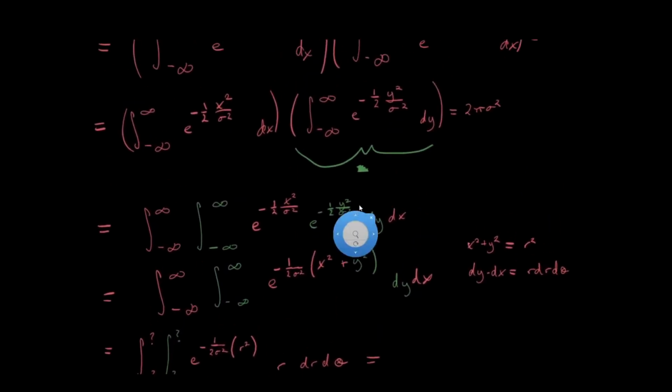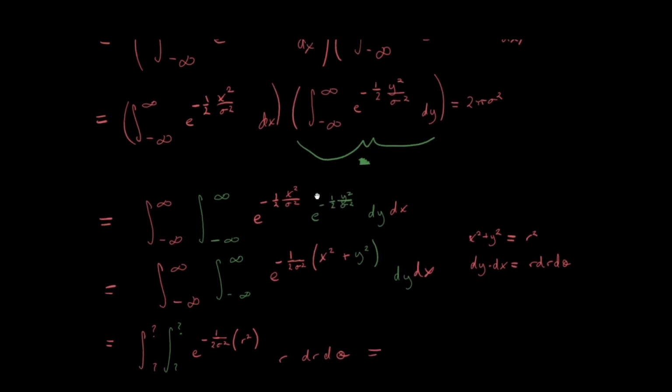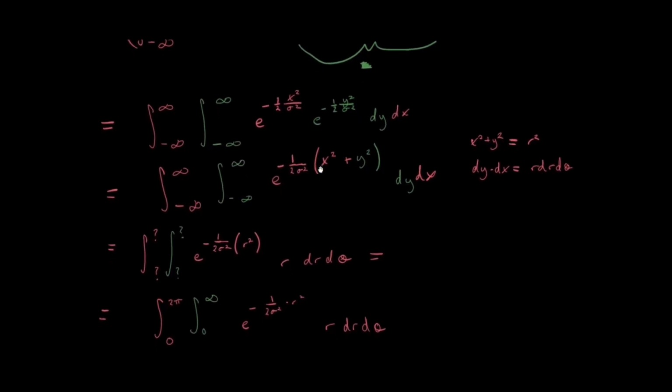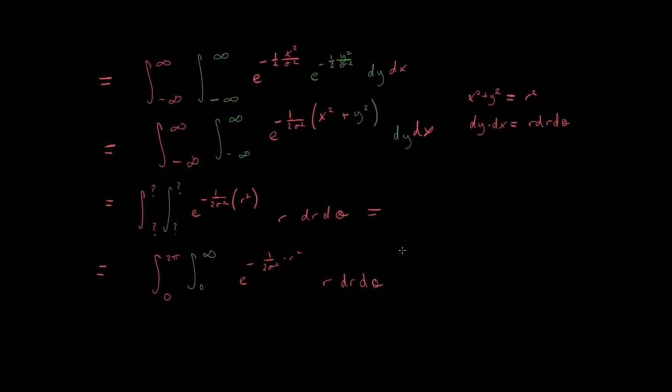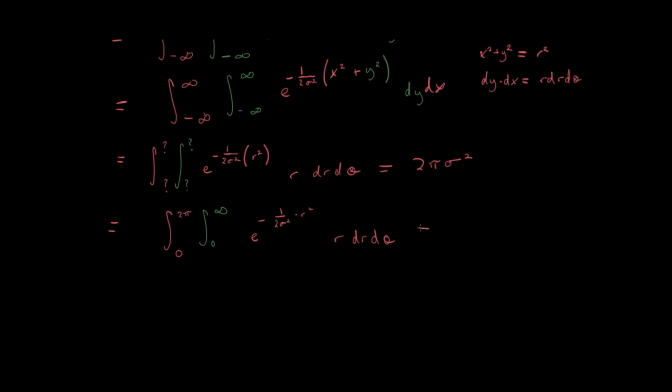But if I scroll up a little bit, we can see that this is still all equal to 2 pi sigma squared. So let's say that this is equal to 2 pi sigma squared, which this is also equal to 2 pi sigma squared.